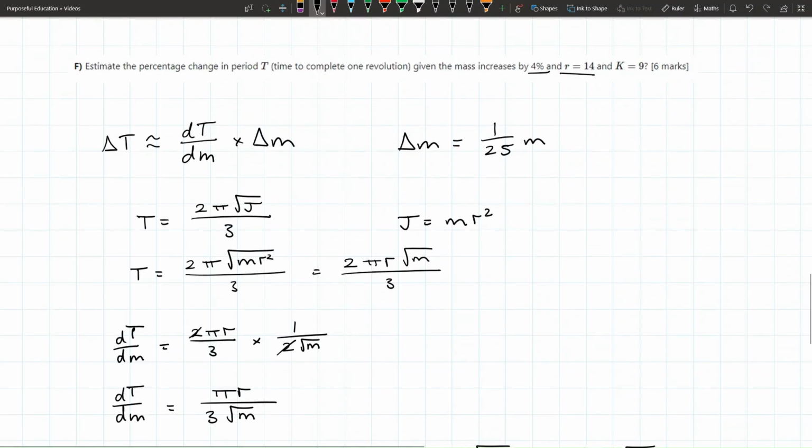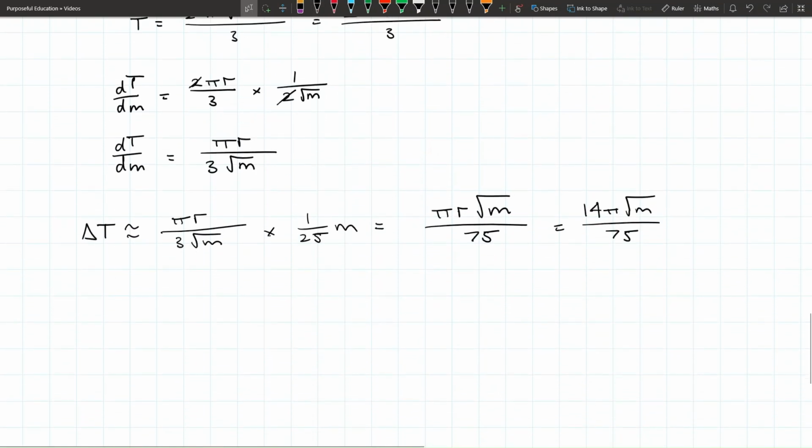To find the percentage change in t, we have to divide by the overall t. So the percentage change is equal to the change in t over the original t times 100%.